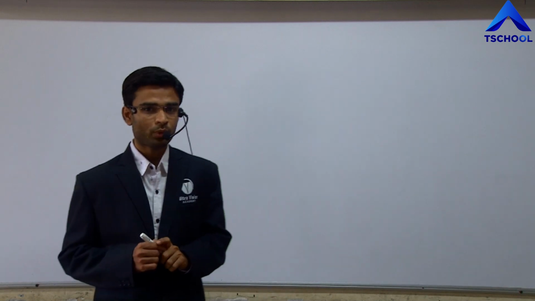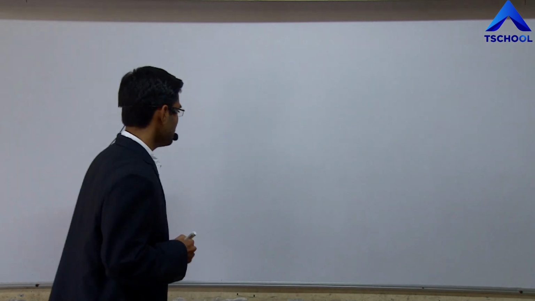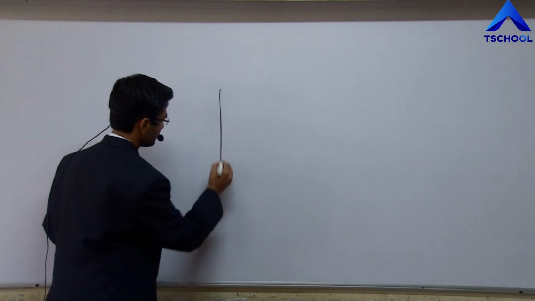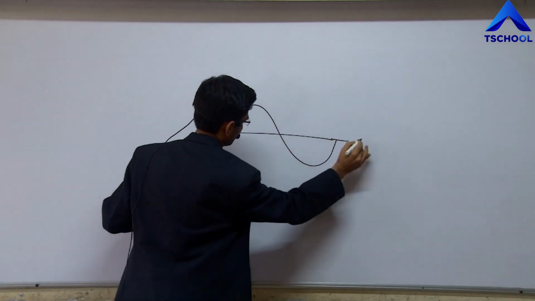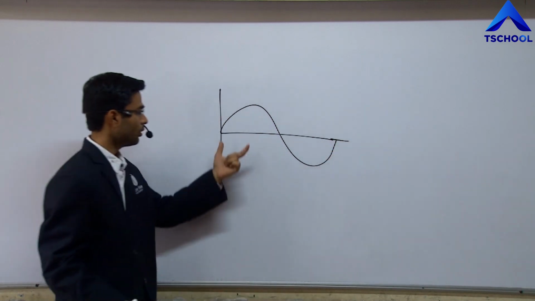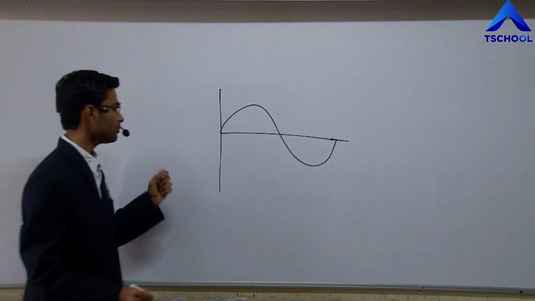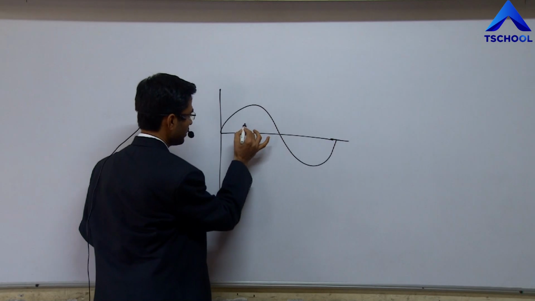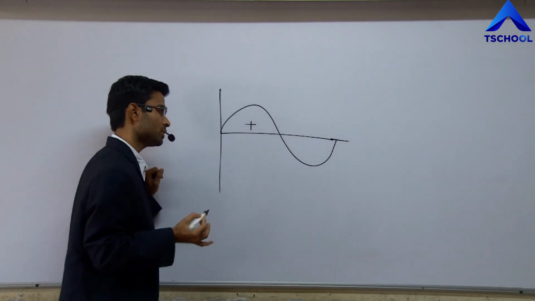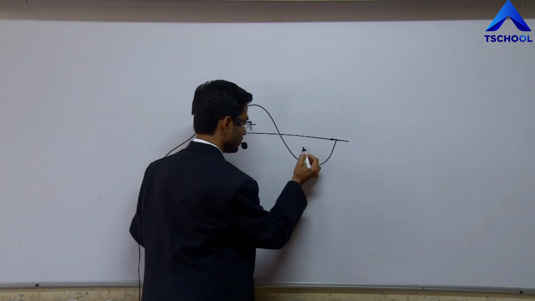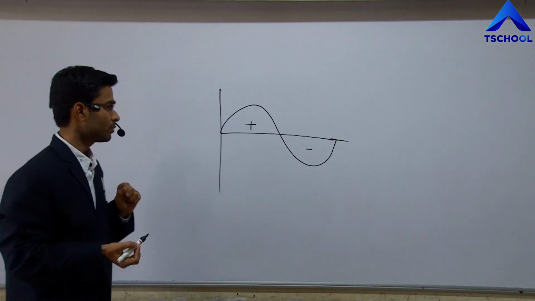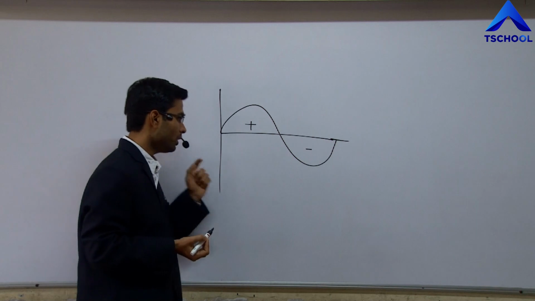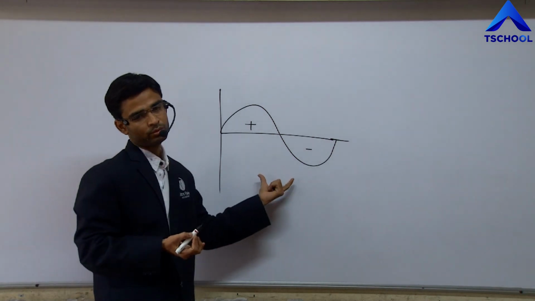The waveform of the alternating current is like this. During the first half of the cycle, current flows, and during the second half cycle, current does not flow. But we don't require that type of current.